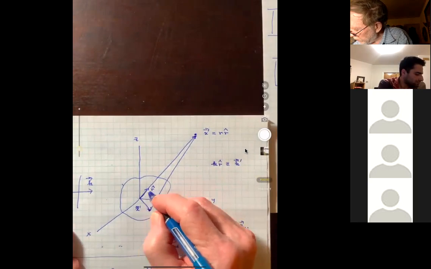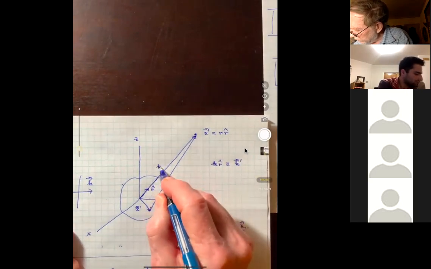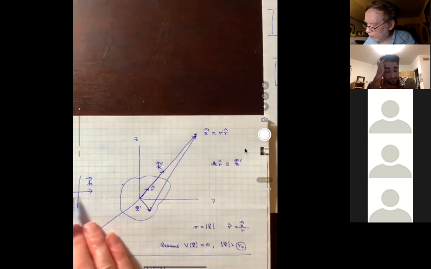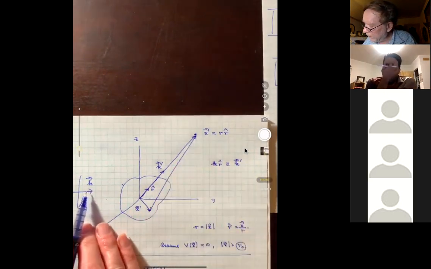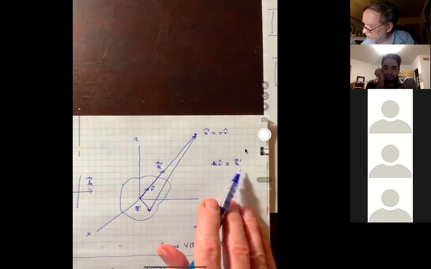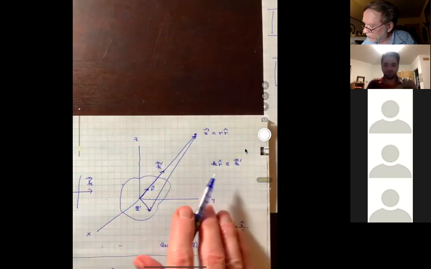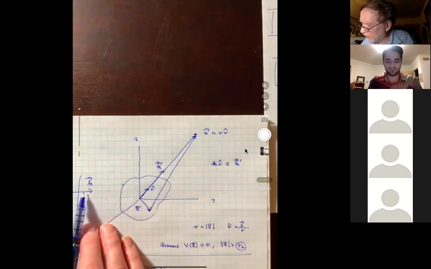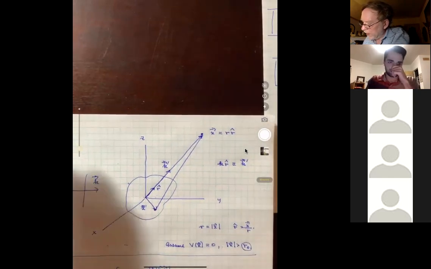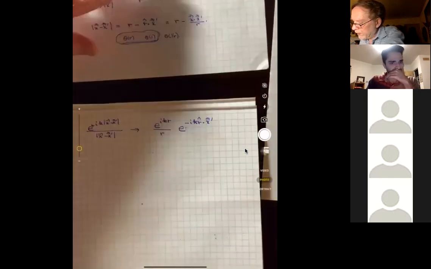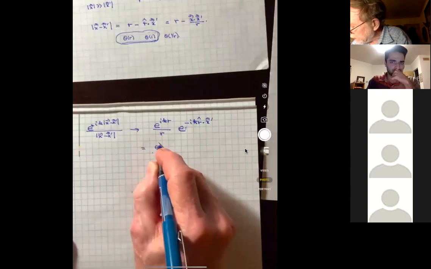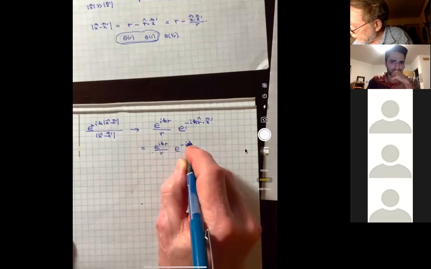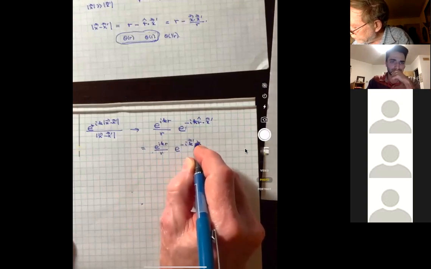The idea is that k prime is a wave vector which points to the observer, distinct from the k, which is the wave vector of the incident plane wave. But it has the same magnitude as k, as you see if you square both sides. So in other words, this k prime corresponds to the same energy as this vector k does. And so if I do that, then this expression becomes e to the i k r over r times e to the minus i k prime dotted into x prime, like so.